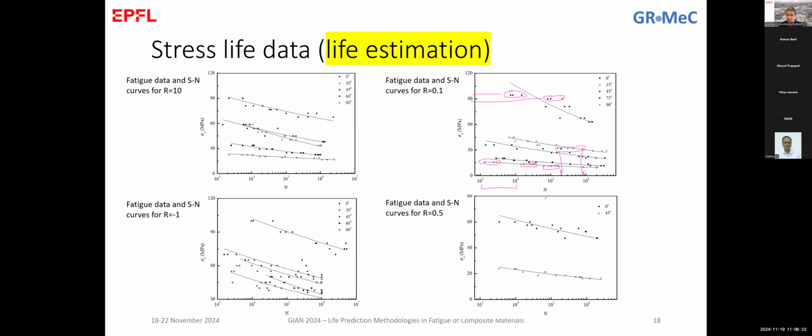But according to the experimental evidence that we have for composite materials, this is assumed as an acceptable scatter. So coming back to your question, I wouldn't say that there's more scatter in 0. It's more the scale that shows this scatter.